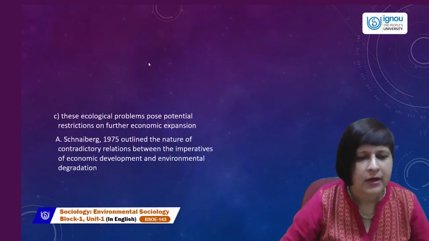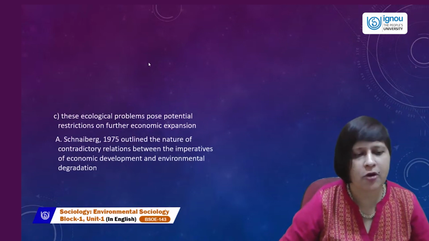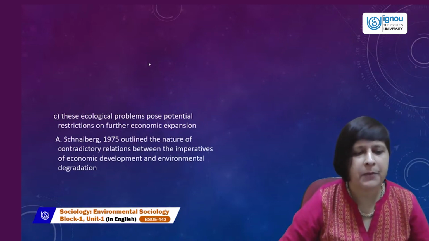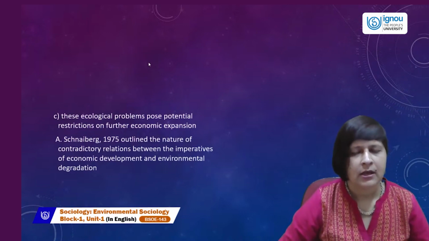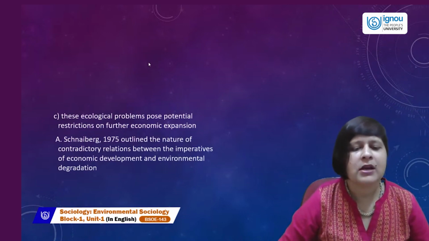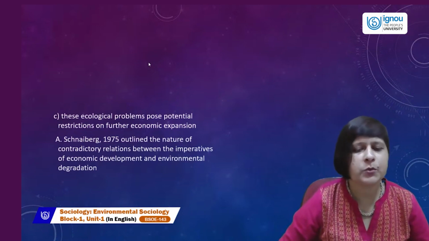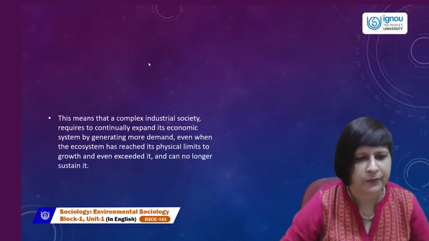Alan Schnaiberg in 1975 outlined the nature of contradictory relations between the imperative of economic development and environmental degradation. So, according to Schnaiberg, there is a contradictory relation between the imperatives of economic development and environmental degradation.